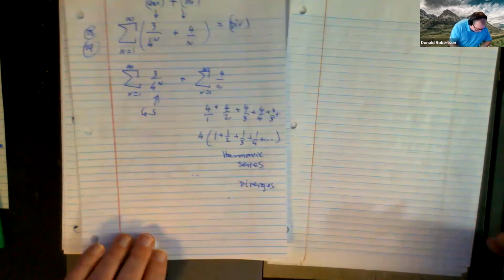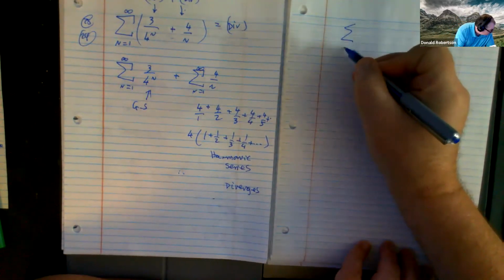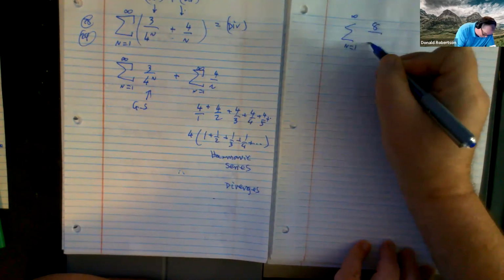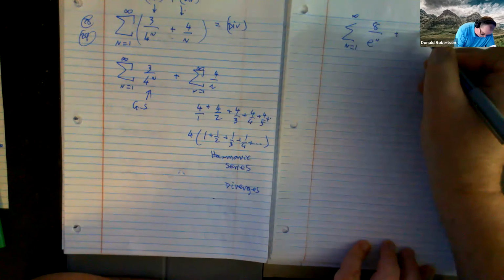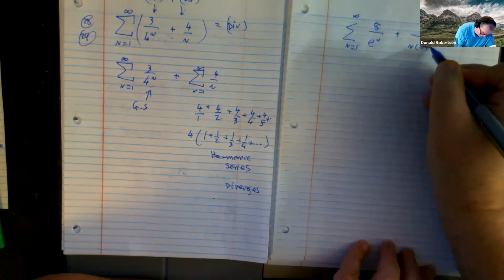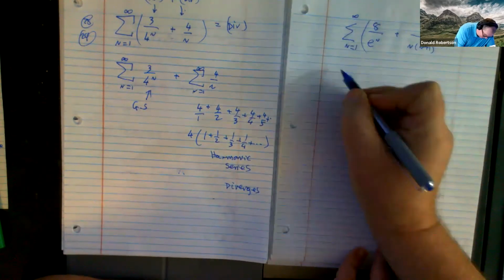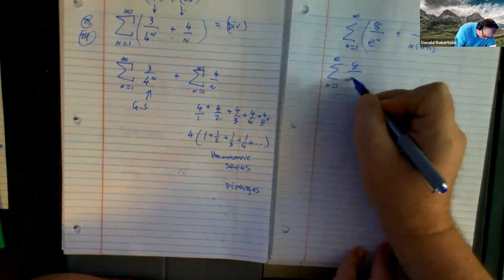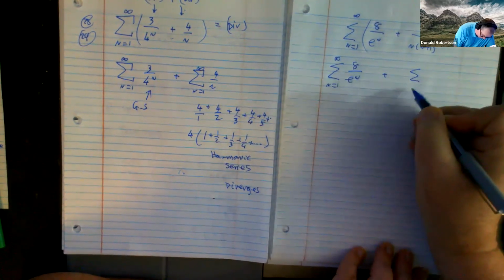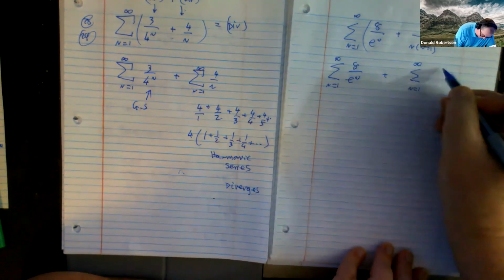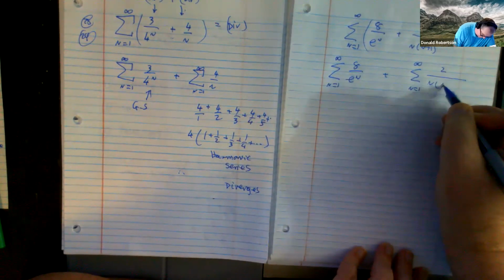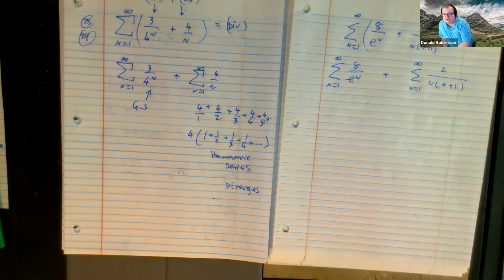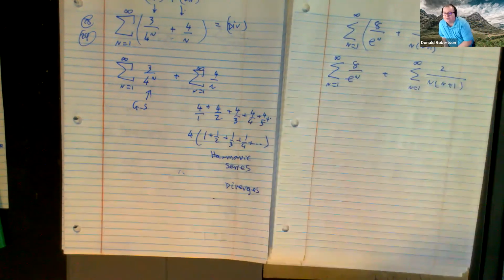How about this one? The first part I'm going to do without asking, because this is what you should do in all these situations: if your series is made up of clearly 2 distinct pieces, do each one separately.